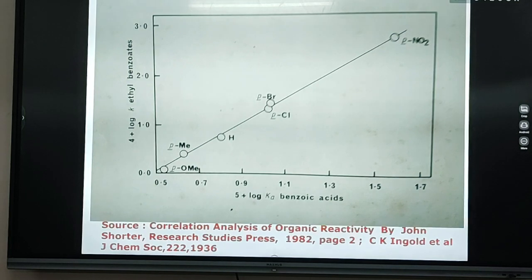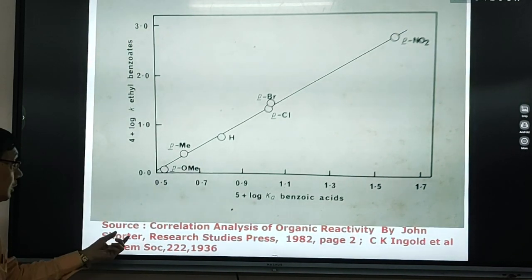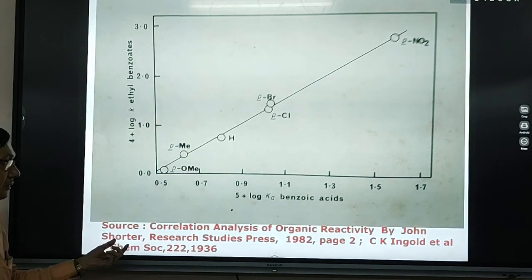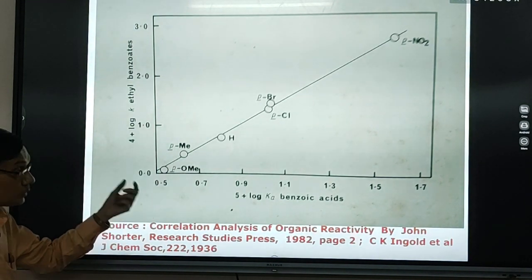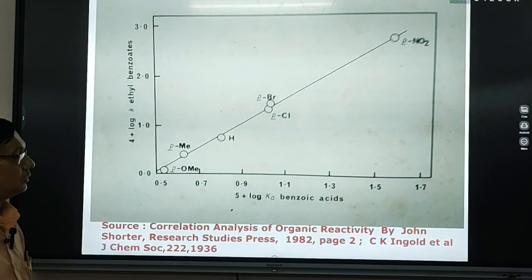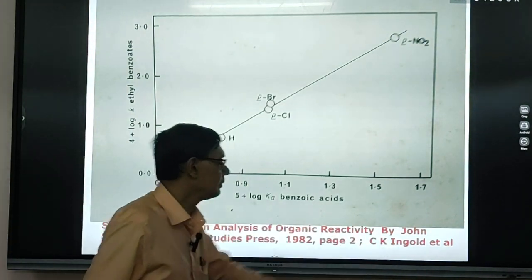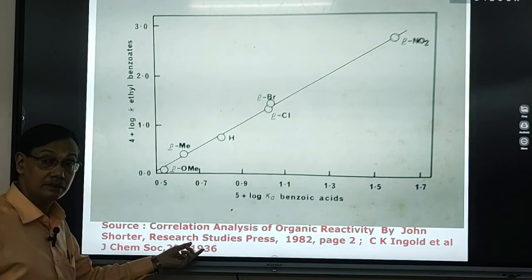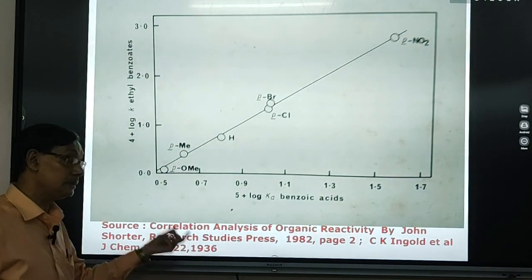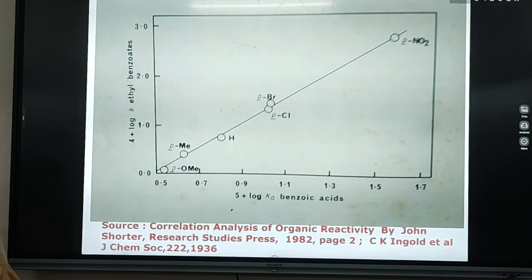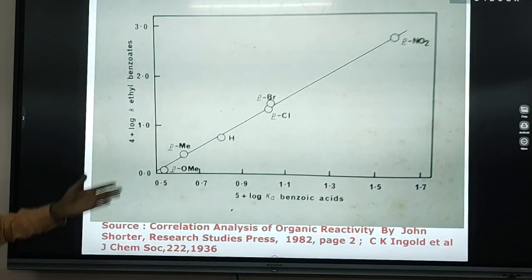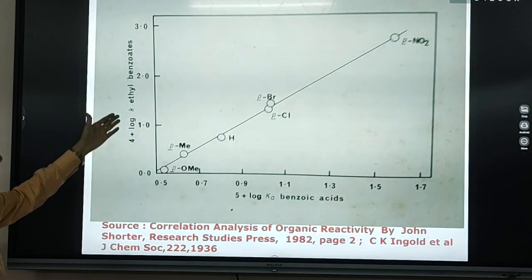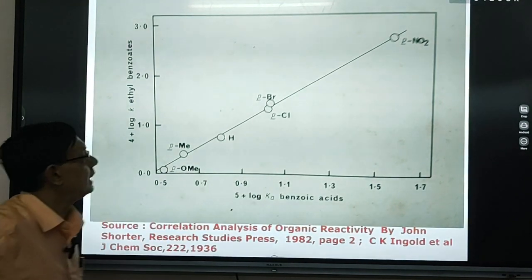Again, I have taken it from this book of John Sauter, but the actual work was performed by Ingold, in the Journal of the Chemical Society, 1936. I am talking about 1936 because it was discovered in 1937. So you see that this is the log of ethyl benzoate against the pK of the benzoic acid.